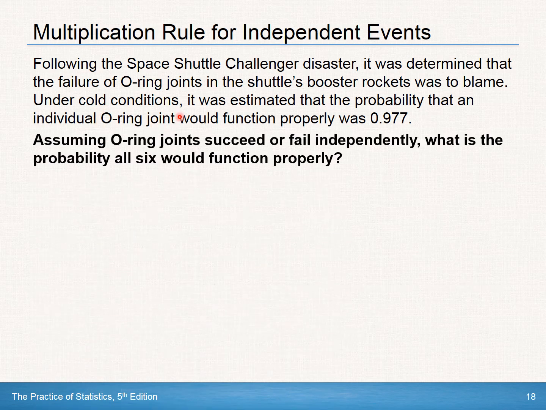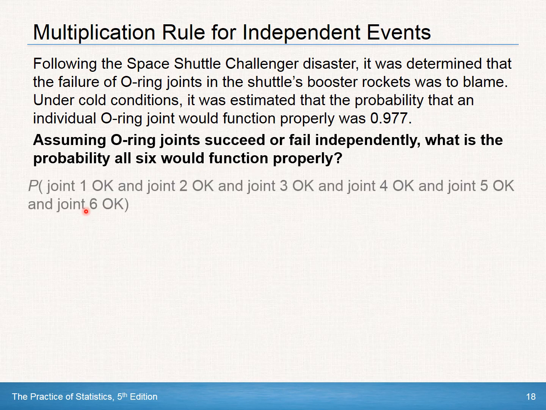We're assuming that O-ring joints succeed or fail independently, so they're all independent of each other. What's the probability that all 6 would function properly? Since we know they're independent, we can use our multiplication rule. So basically, we're asking what's the probability that joint 1 was okay, joint 2 was okay, joint 3 was okay, 4, 5, and 6.